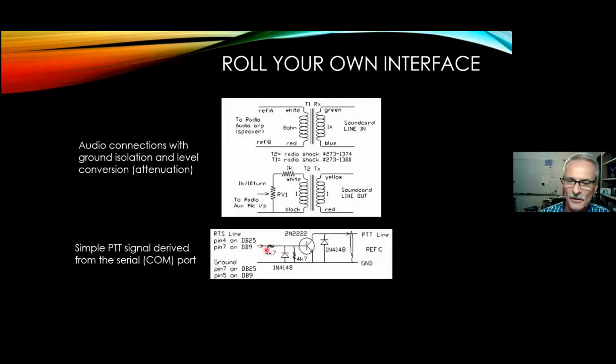Just take that one line, drop the level down a little bit with the resistor here, and then protect it for reverse polarity because the RS-232 interface goes both positive and negative. And then just fire a 2N22 PNP transistor here, tie that to your push-to-talk line, and we're good to go.